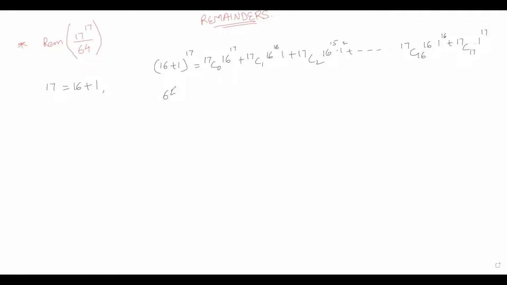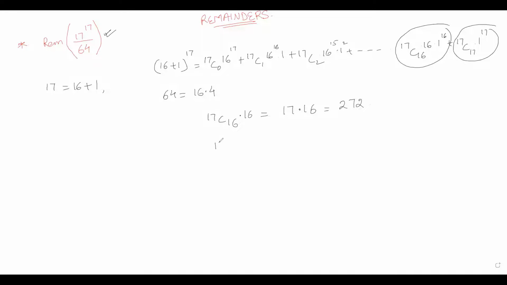Now 64 is 16 times 4. So except for the last term and the second last term, all the other terms will have a multiple of 16 and 4. So the remainder when 17 raised to power 17 is divided by 64 would be the same as when the last two terms are divided by 64. So the second last term 17C16 into 16 would be the same as 17C1, which would be 17 times 16, and that would be 272.